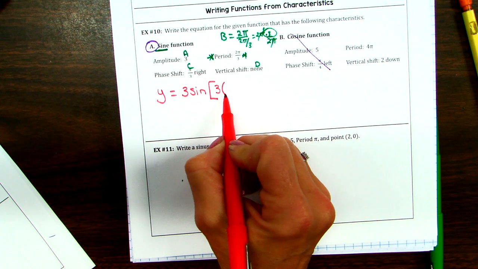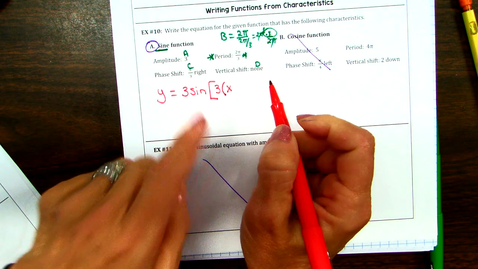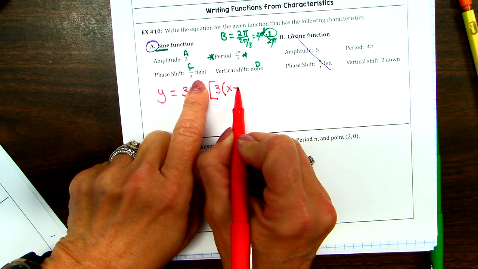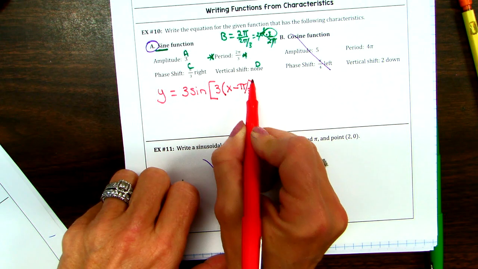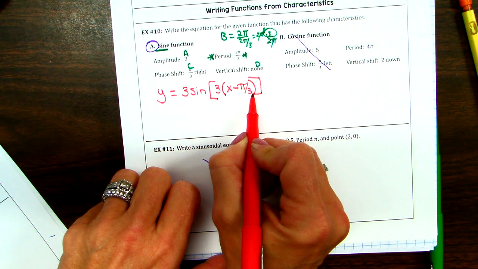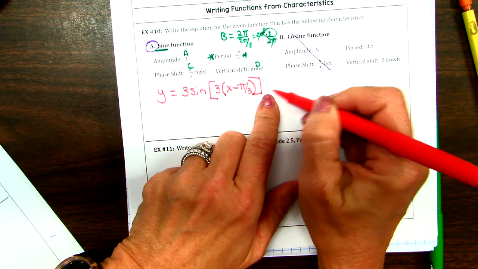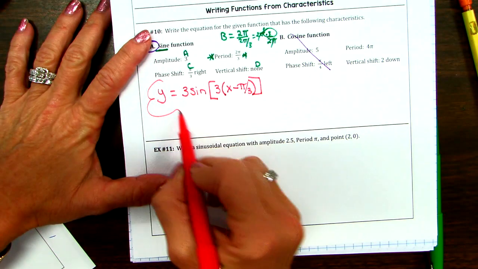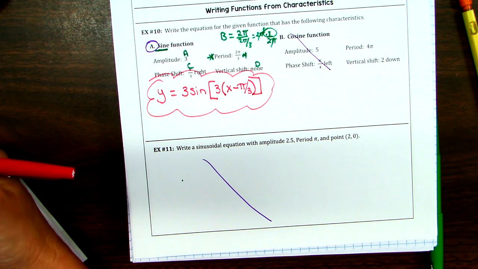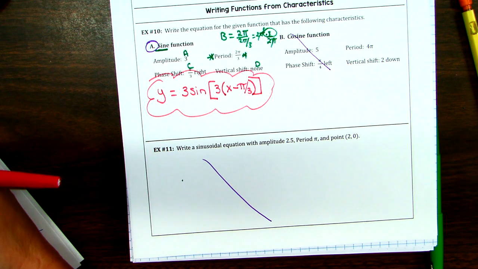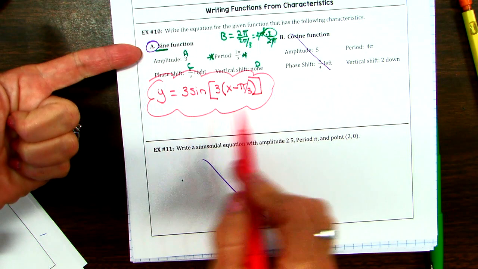Then we'll put our phase shift. X, since we're going to the right, that's minus. Close my parentheses, close my brackets, and if there was a D, we'd put it here. And that would be your answer. So pretty simple, right? I'll do one in the homework with you too. So being able to write the equation from the given information.